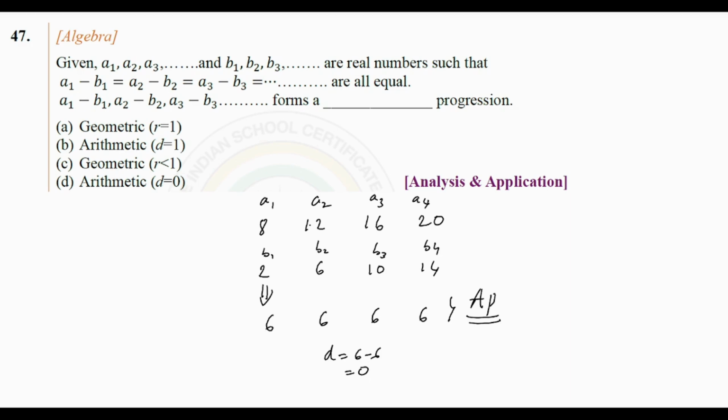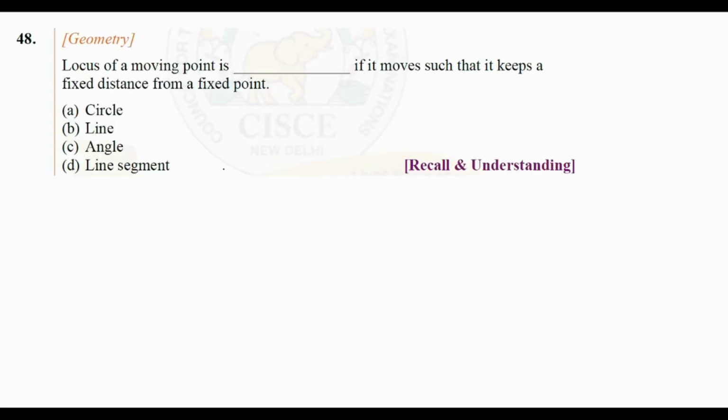So it forms an arithmetic progression where D is equal to 0. So what should be the answer here, children? Arithmetic progression with D equal to 0 is the right answer. Clear, children? Okay, let's move to the next question now.